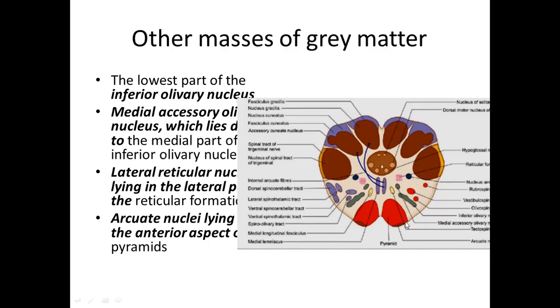We have also seen the arcuate nuclei, which lie on the anterior aspect of the pyramid. So apart from this gray matter, we will see the inferior olivary nuclear complex, the arcuate nuclei, and the reticular activating nuclear groups diffusely lying in the white matter.